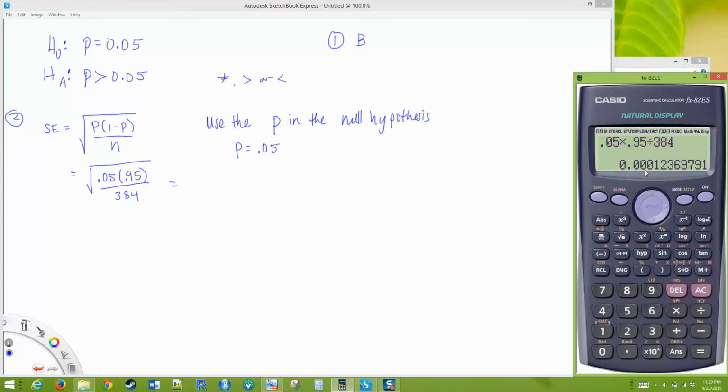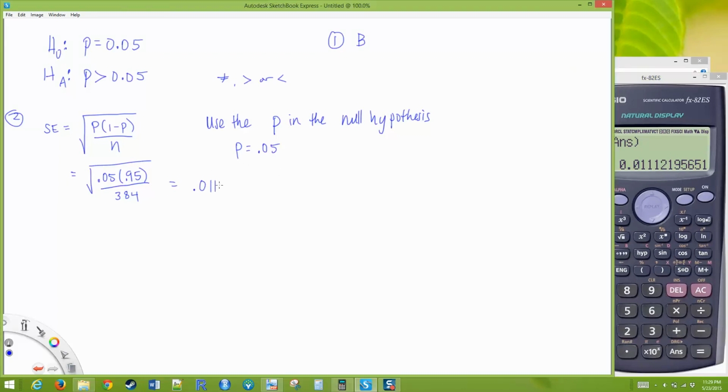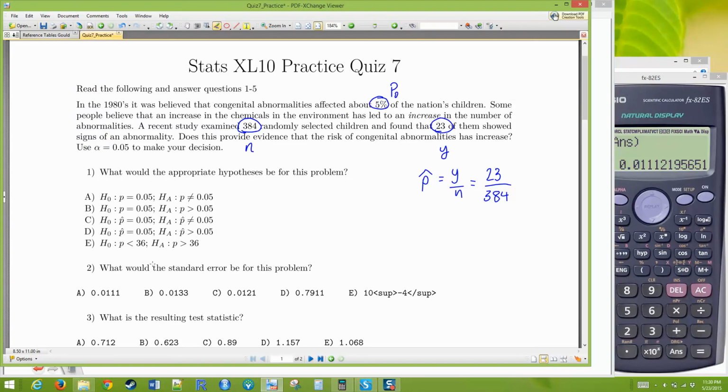I get this number, 0.00012369791. I hit the square root and do equals, and I get 0.0111219 5651.